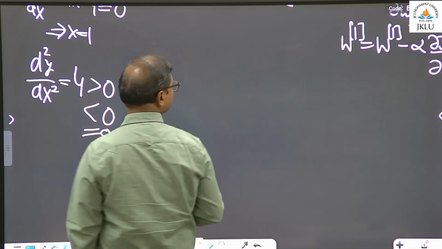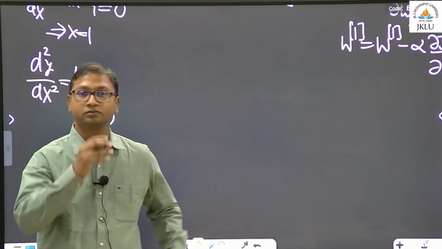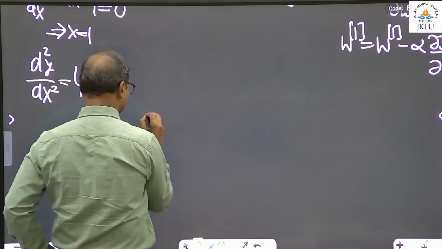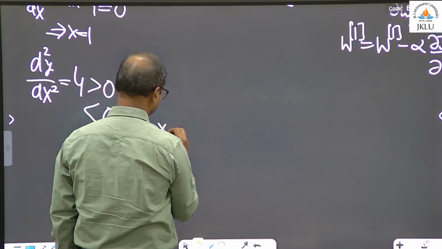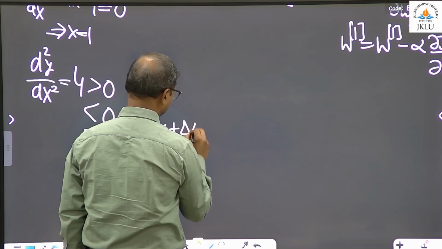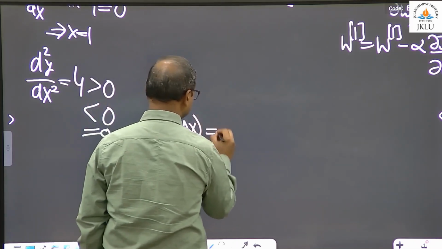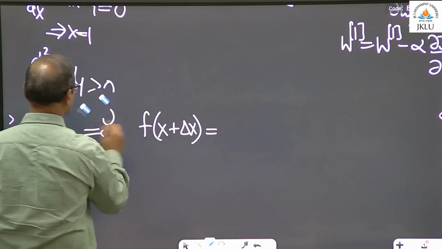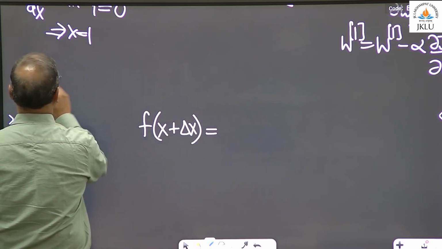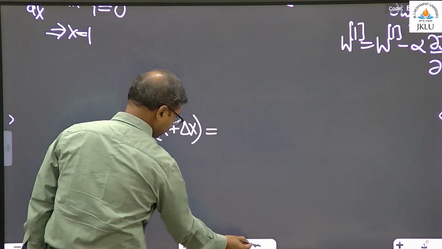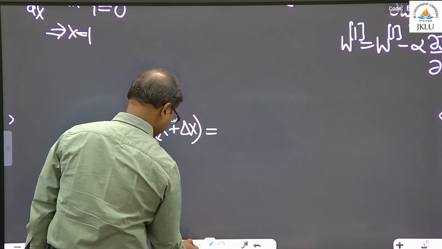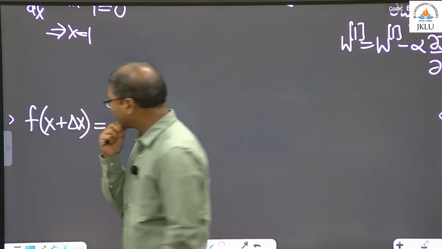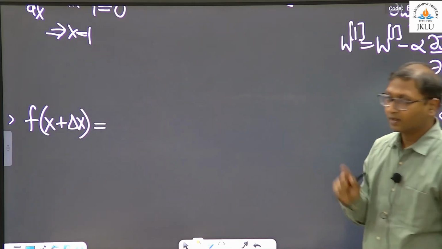So Taylor series is what? So Taylor series is something like f of... I can write this as, or maybe what I'll do is I'll use the full board. Yes. So f of x plus delta x can be written as, for the one variable case.